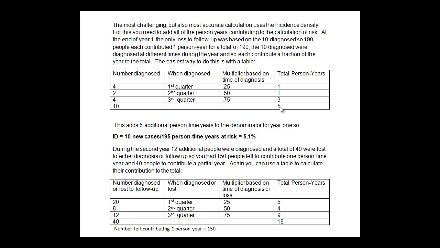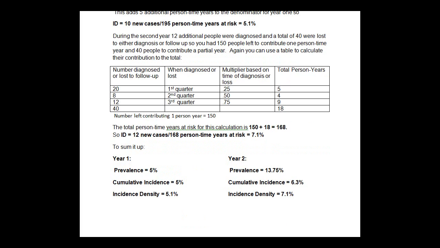We have to add the 5 to the 190 to give us our year 1 incidence density of 10 new cases divided by 195 person time years. And again, it's the 190 plus the 5 person time years, and that gives us an incidence density in year 1 of 5.1%.